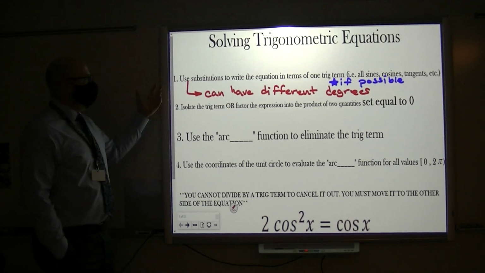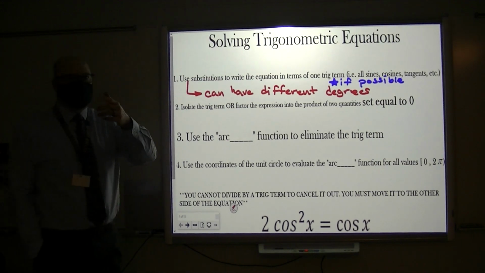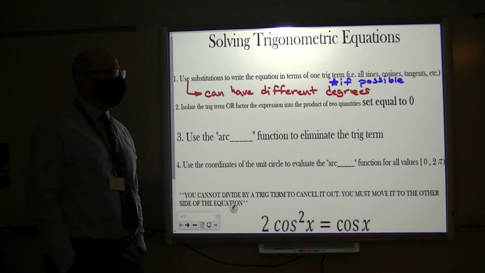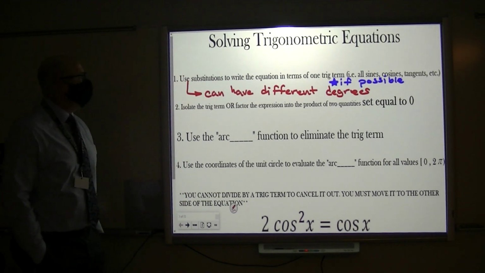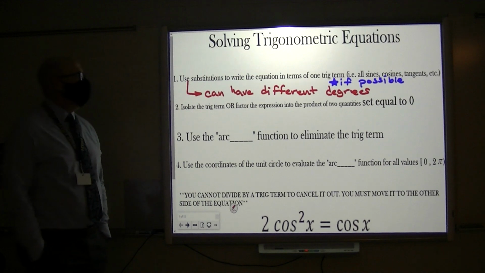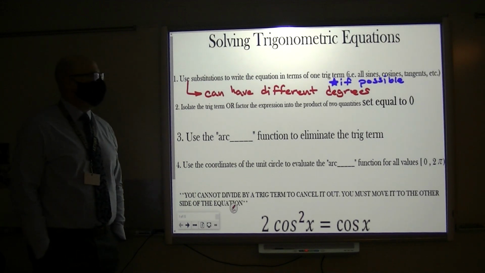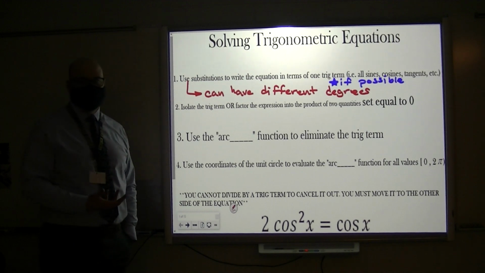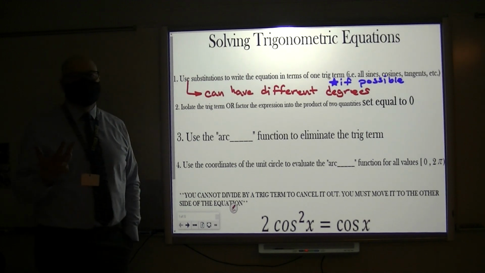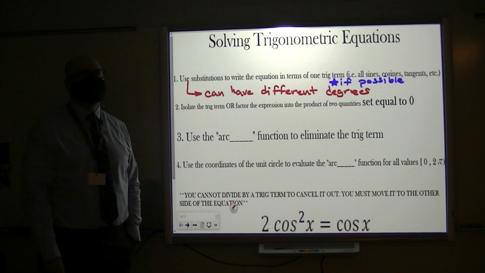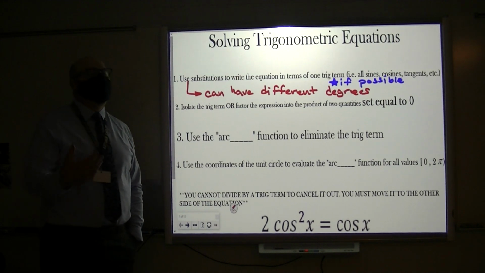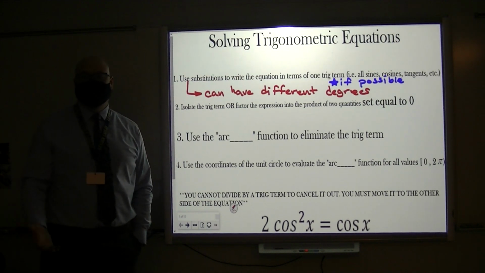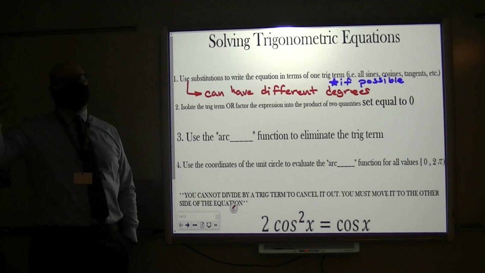So the first step says, and I apologize for the small font if you can't see this at home, use substitutions to write the equation in terms of one trig term, meaning all sines, all cosines, or all tangents. Do you have to do that first? Not necessarily.